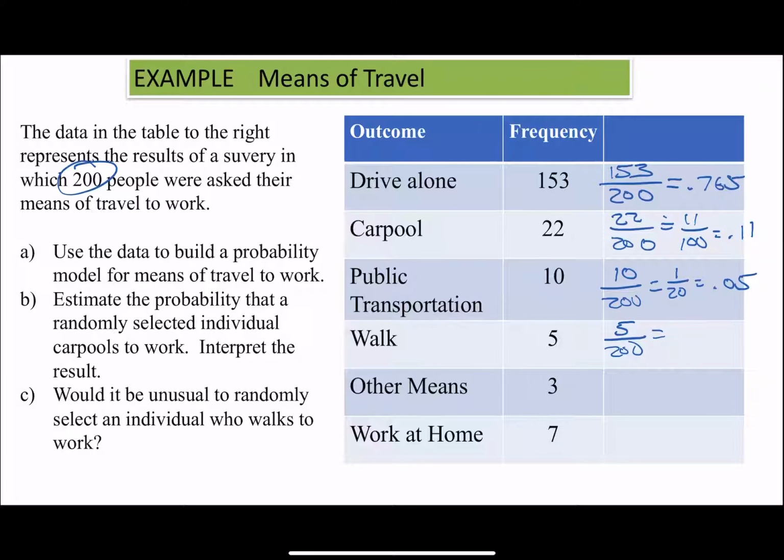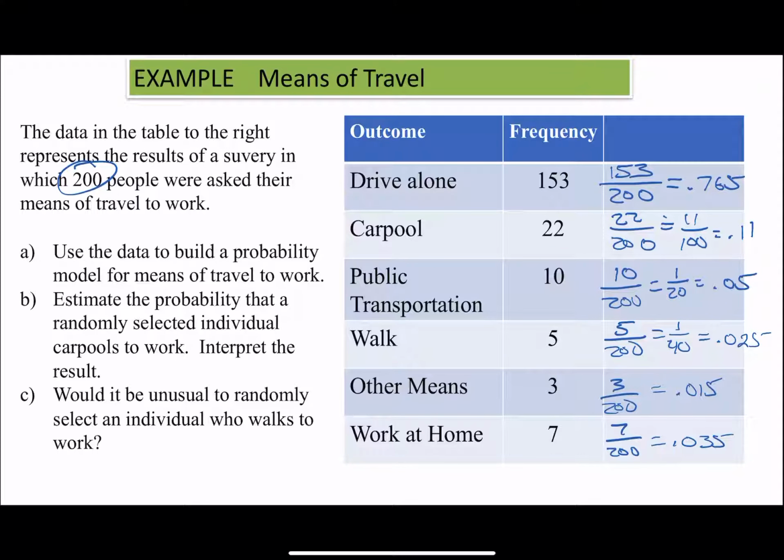Life gets in the way. We lose our minds and can't do simple math. So if you can't, that's okay. This one will not simplify. So no need to tax your brain there. This one also will not simplify. So it equals 0.035. So hopefully that's what your probability model looks like.